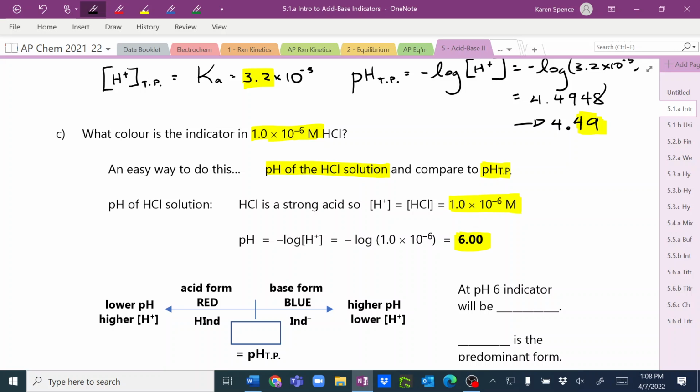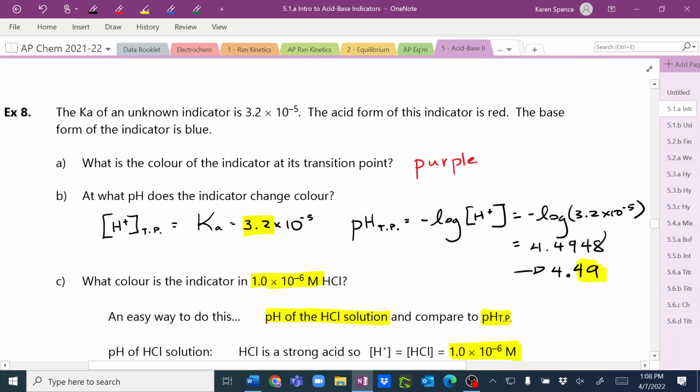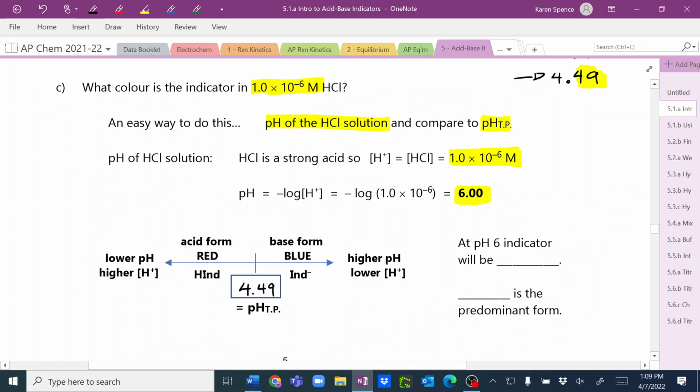We had previously determined that the pH at the transition point was 4.49, yes? And we know that above that, you're going to have the base form, yes? And below that, you're going to have the acid form of the indicator. And we were told that the acid form was red and the base form was blue.